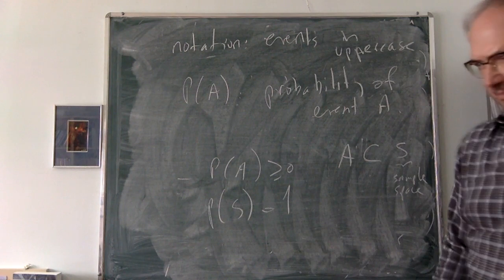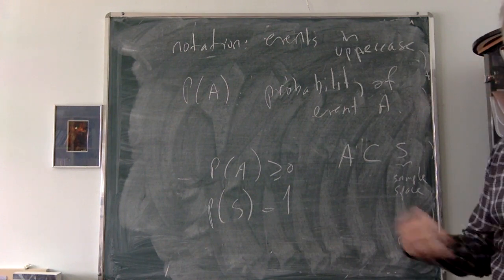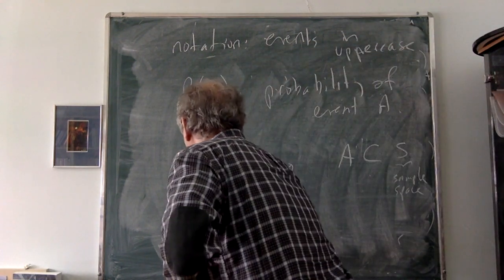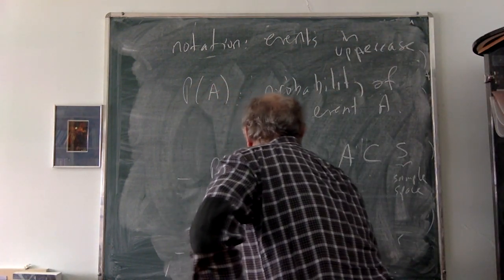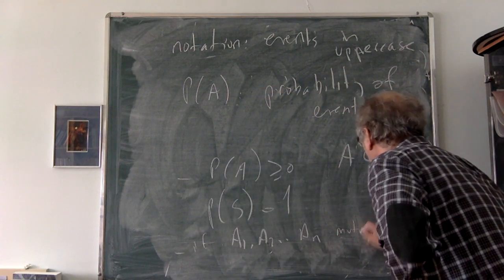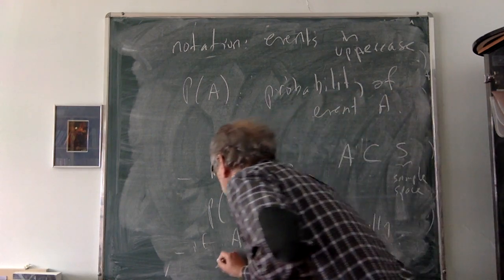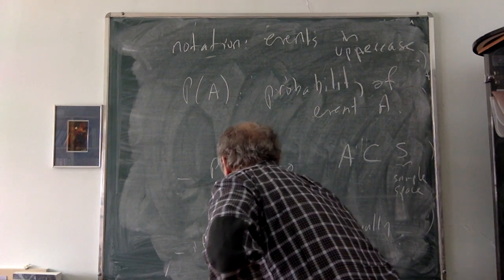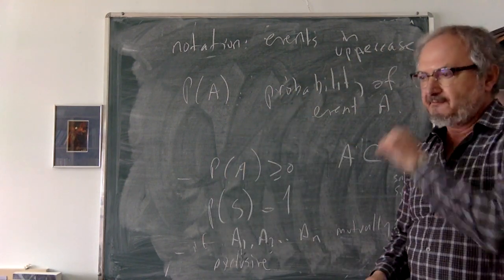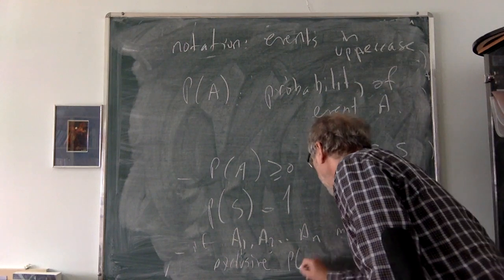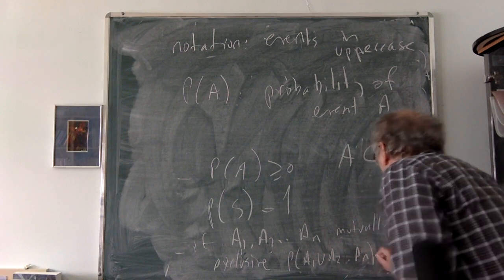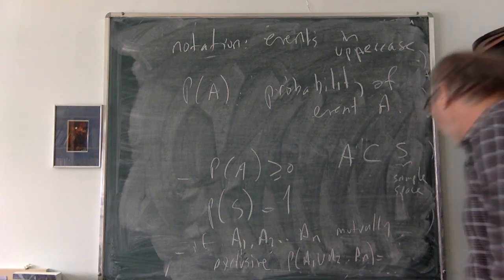Otherwise, you're not going to get basic fundamental assumptions like cumulative functions and others. And if your events are mutually exclusive, then probability of having them is the union of probabilities.